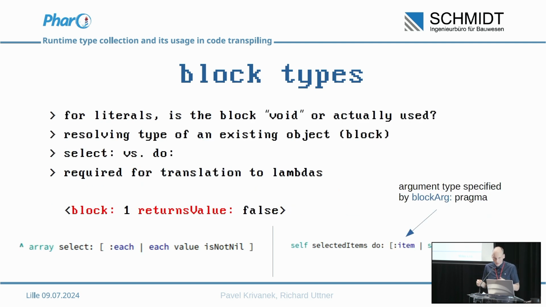Blocks have one more complication because, for example, if you want to convert the block to lambda, you need to know if it's a void or not. So for that reason, we have a special description that says that given block is returning value or not.